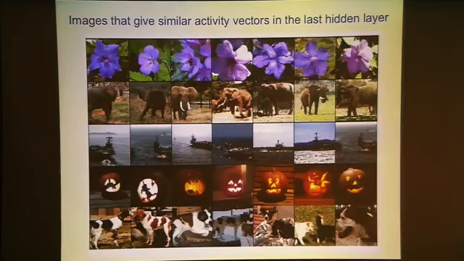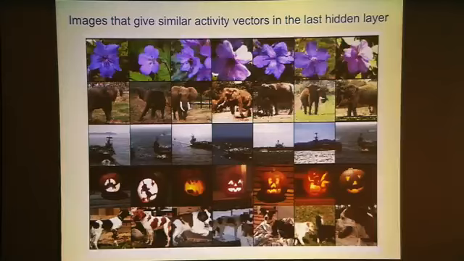This image here, according to Alex's net, is extremely similar to this image here. But notice the elephants are facing in different directions. The Euclidean distance in image space is huge here. But in terms of what's in the image, these are very similar images. So you would accept these as pretty good images that were similar to that one.